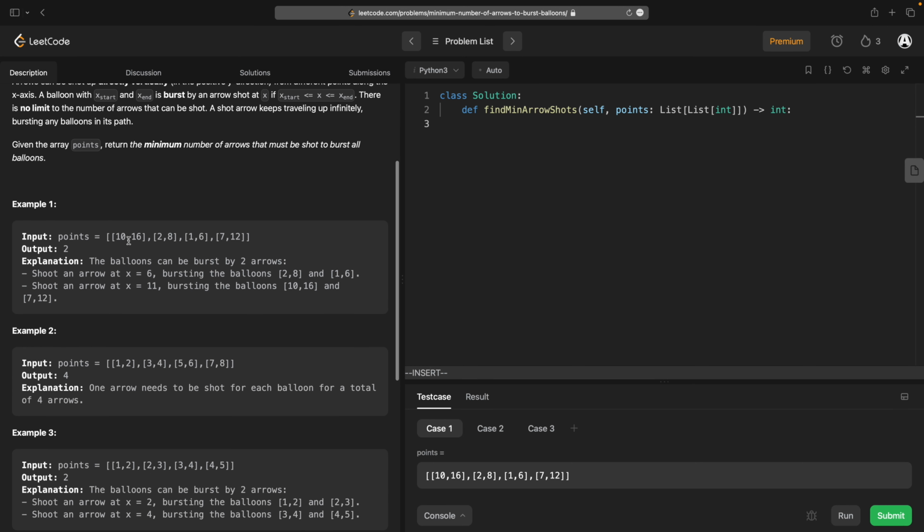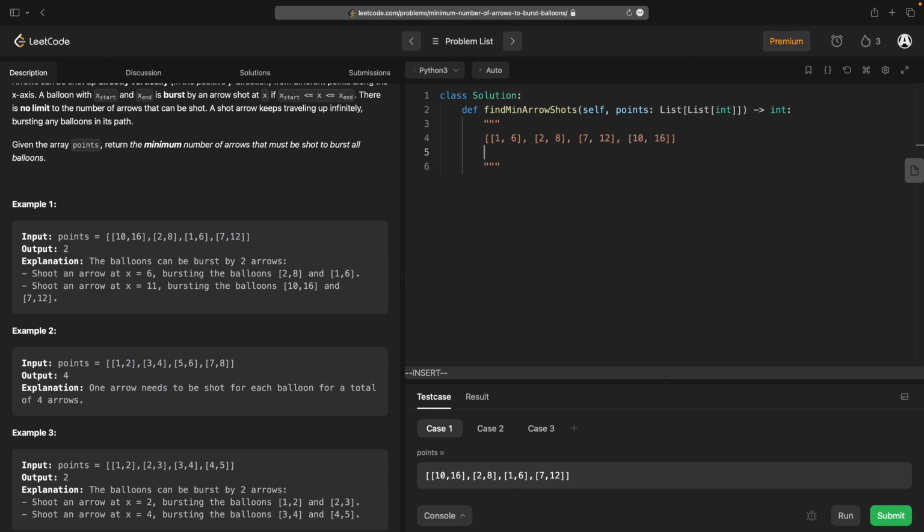Okay, hang on. So I have this brief sketch of an algorithm in my head. What happens if we put these in order based on their start coordinate, for example? So we have [1,6], [2,8], [7,12], [10,16].